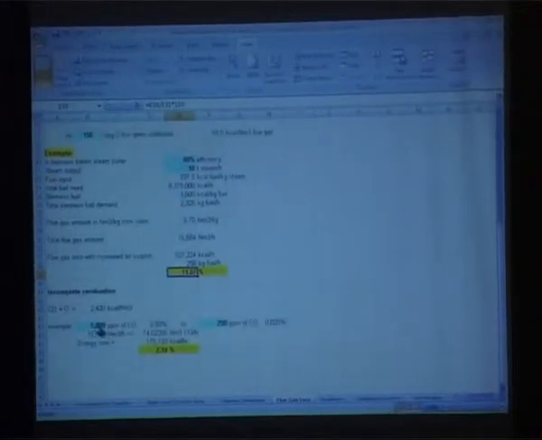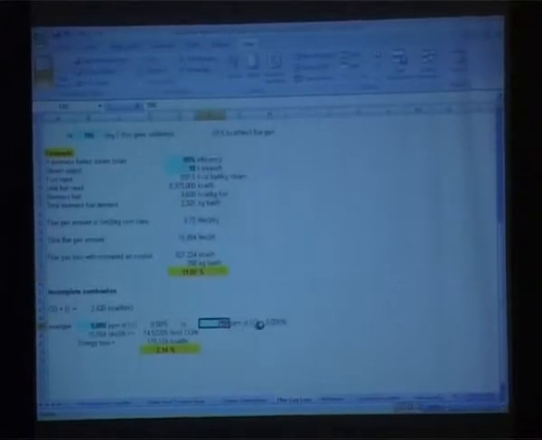Here, running with incomplete combustion, if we can run with 250 parts per million instead of 5,000, we have a reduced loss of 2.40.